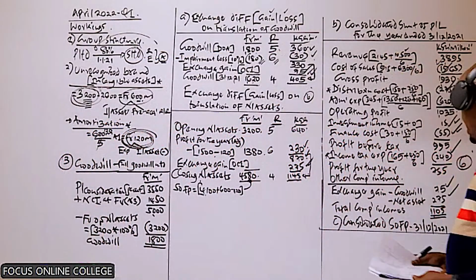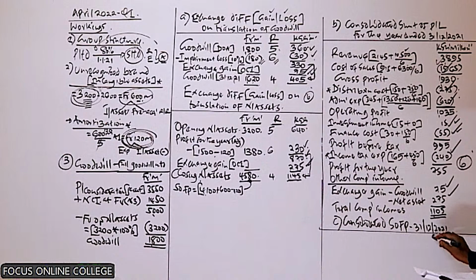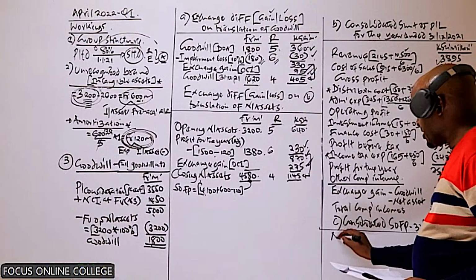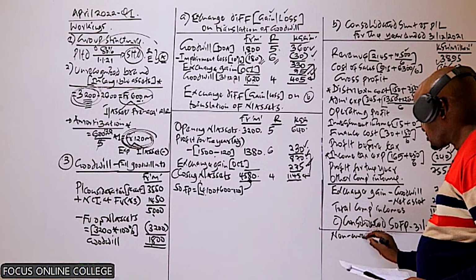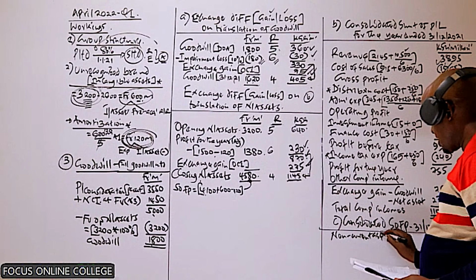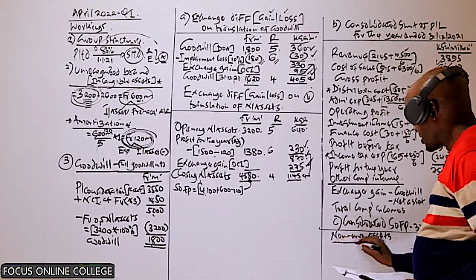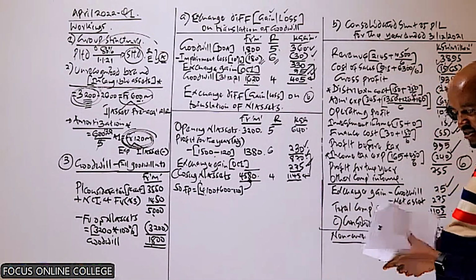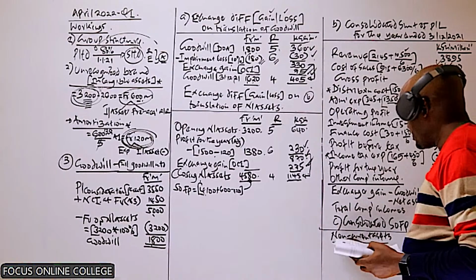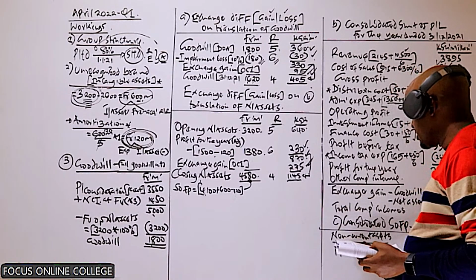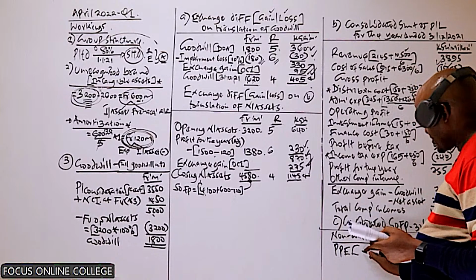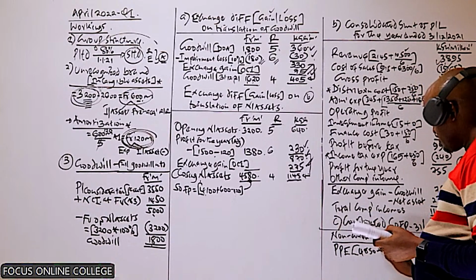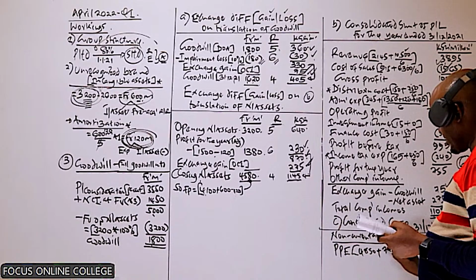So we will start with the non-current assets, and remember our figures here will be in Kenyan shillings. For the non-current assets, we have the PPE, property, plant, and equipment. We take that of the parent, which is 4850, plus that of S Limited, which is 7,000.